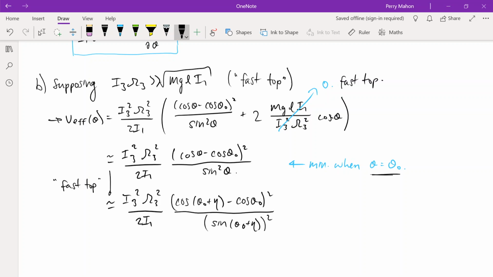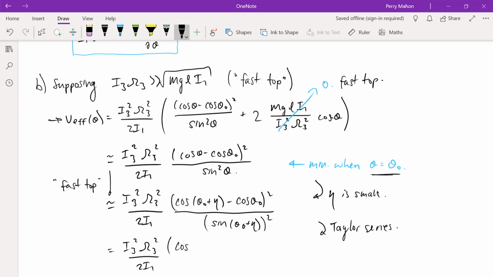Right, so here eta is going to be an expansion parameter. And so then, doing the Taylor series expansions for cosine and sine, what we end up finding is just I3 squared omega 3 squared over I1.